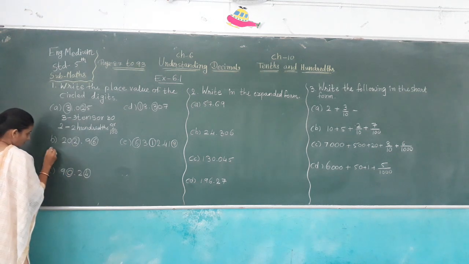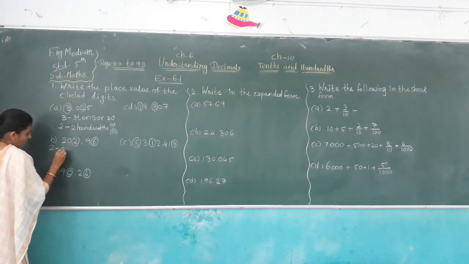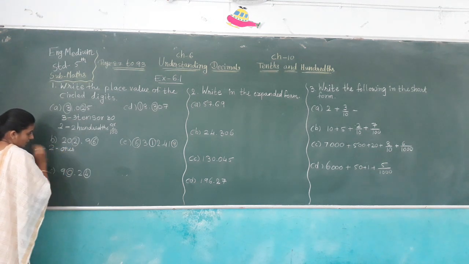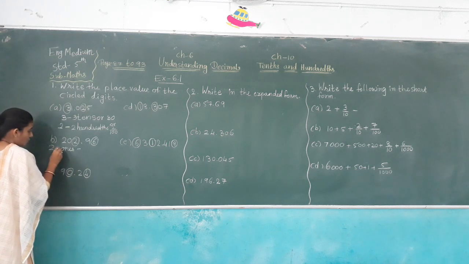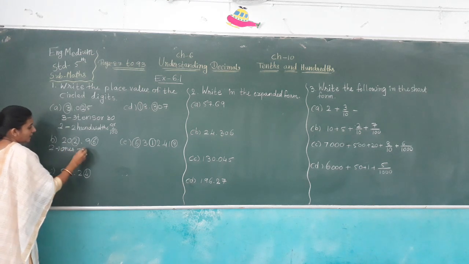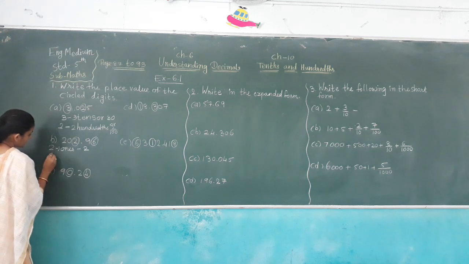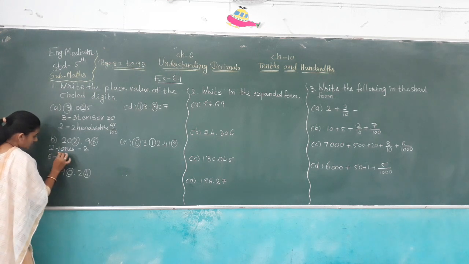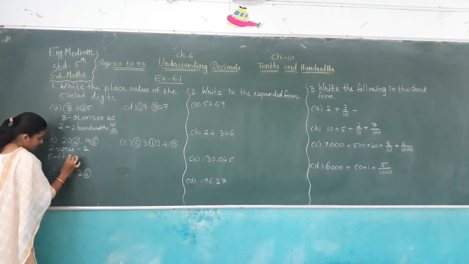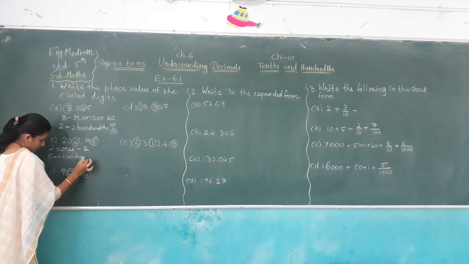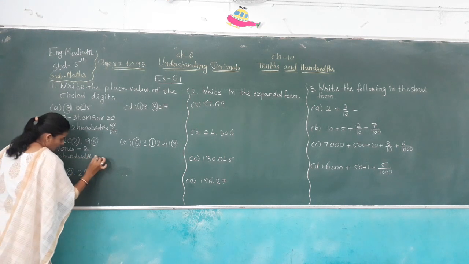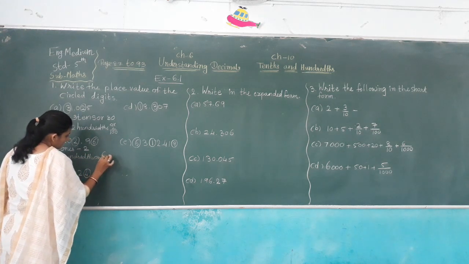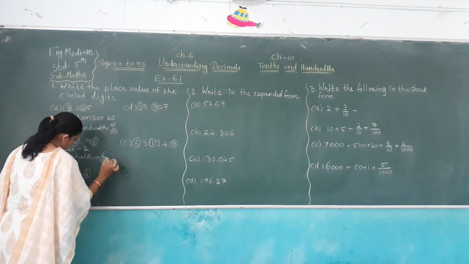Then 2 stands on the ones place, so it's 2 ones. 6 stands after the point, on the hundredths place, so 6 hundredths, or 6 out of 100.